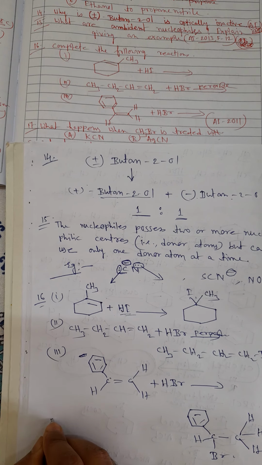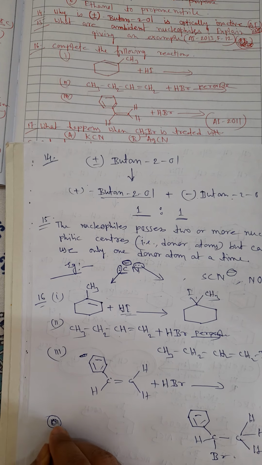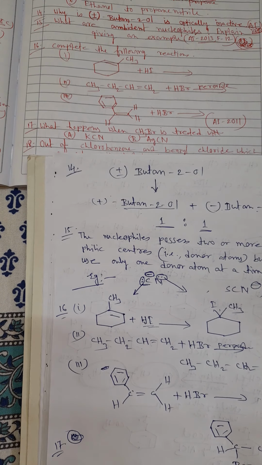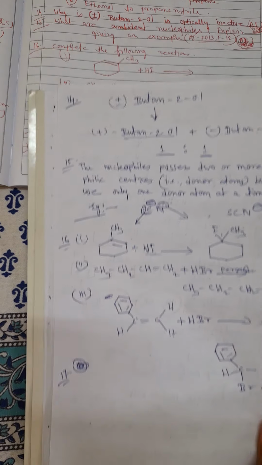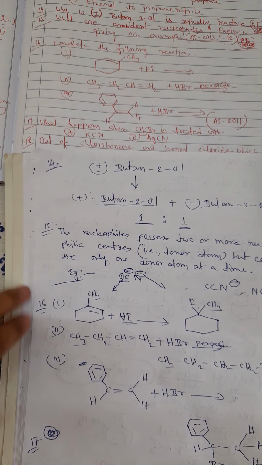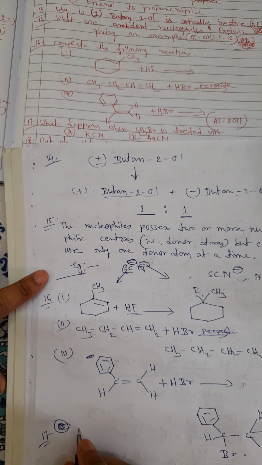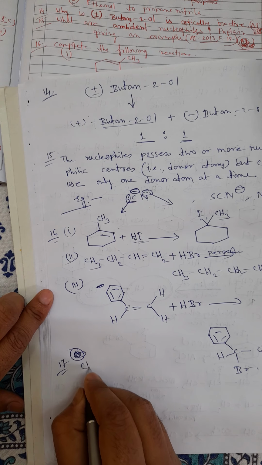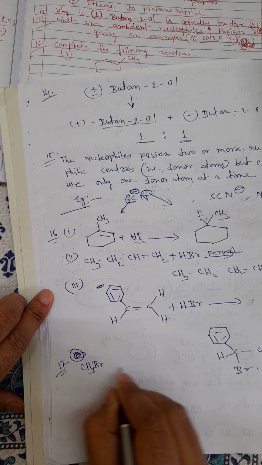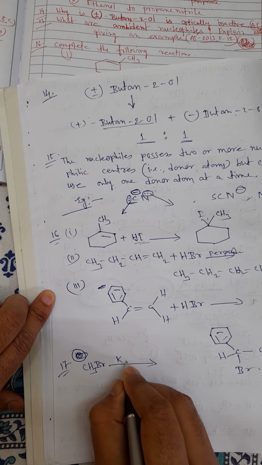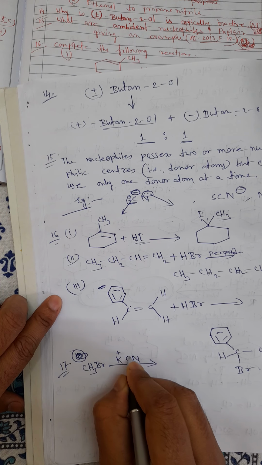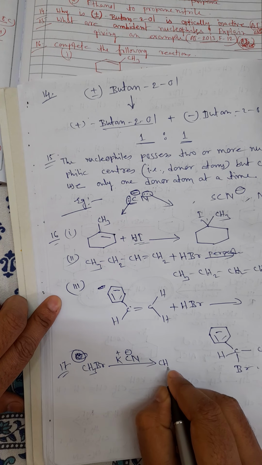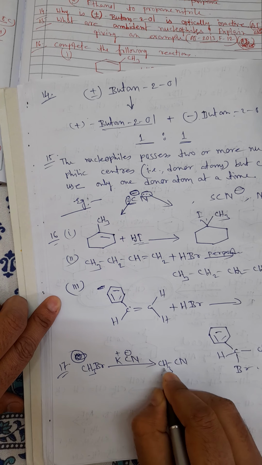Now let's come to the next one, that is the fourth, which is not given here. What happens when CH3Br is treated with KCN and AgCN. When CH3Br is treated with KCN, since CN minus is the ambident nucleophile, it will use the carbon donor center, thus it will produce CH3CN.